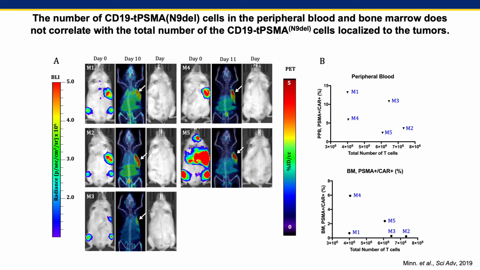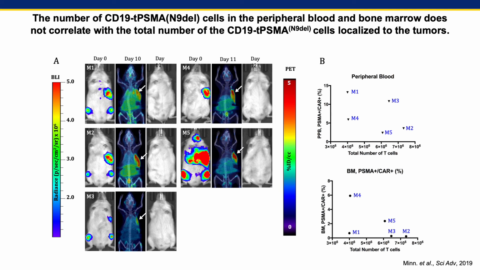As you see here in this data, there is no correlation between the number of peripheral blood CAR T cells and the number of T cells infiltrated into the local tumor. Also, the same for the bone marrow. And this indicates that just taking patient peripheral blood and quantifying how many cells are in the blood does not necessarily recapitulate what's really happening in the body of the infused patient.